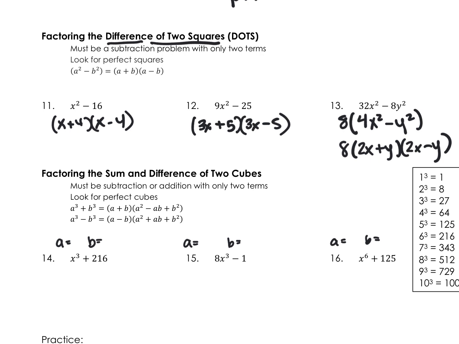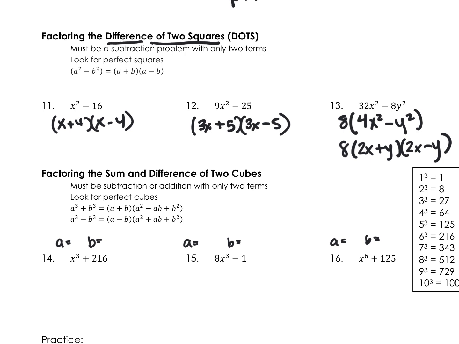So for each one, you need to figure out what A and B are and plug them into the formula. If you look at our formula here for both the sum and the difference, it says A cubed plus B cubed. So A and B are the numbers that are being cubed.